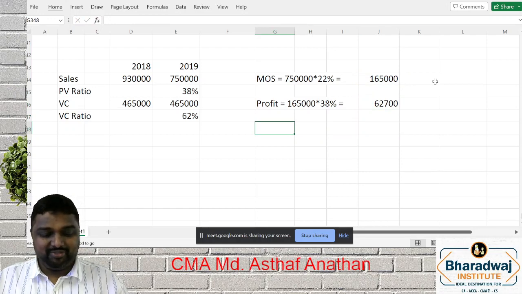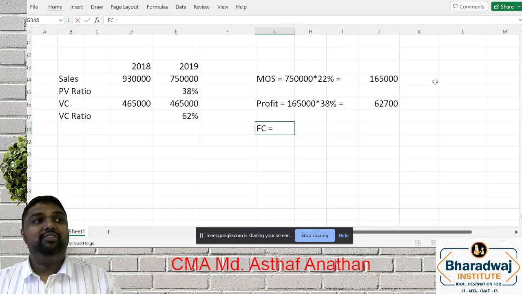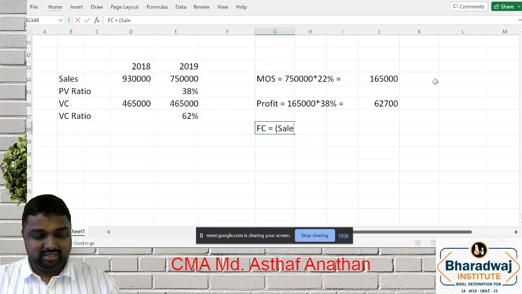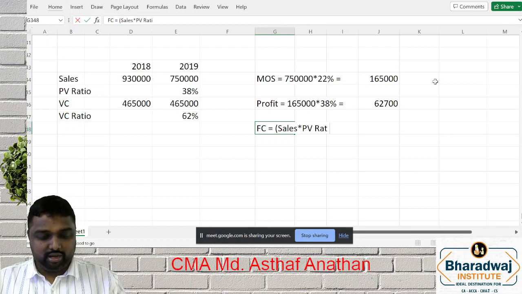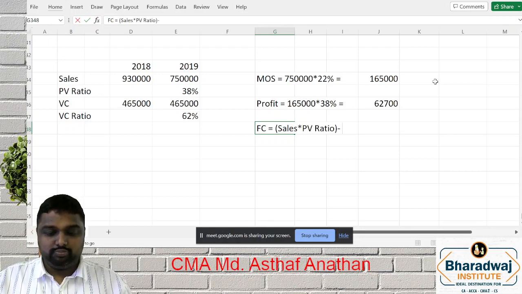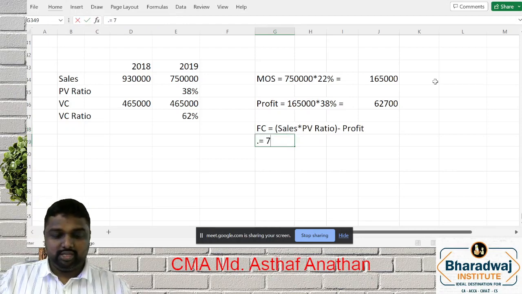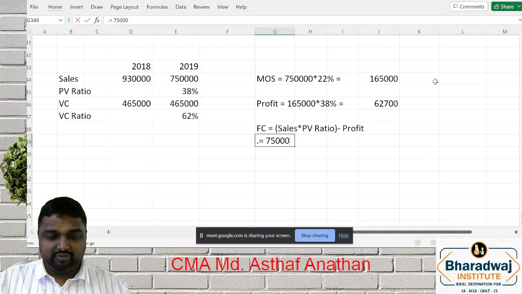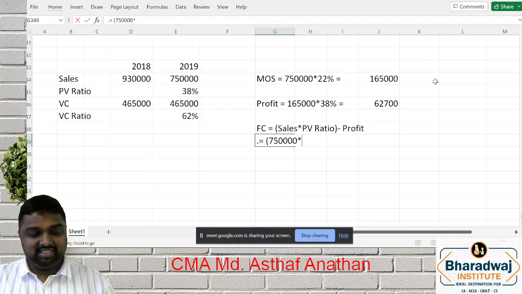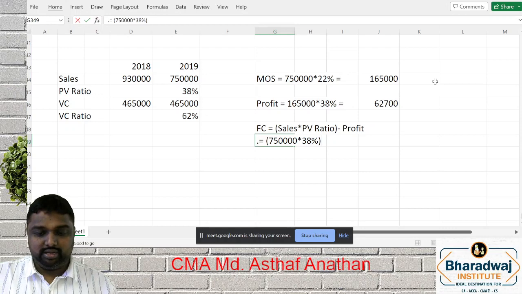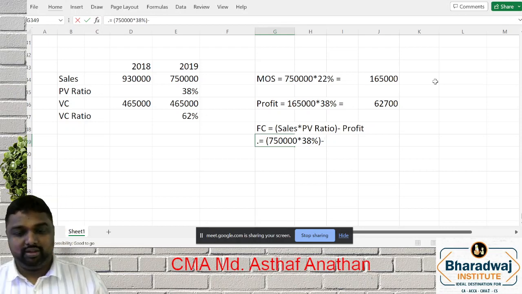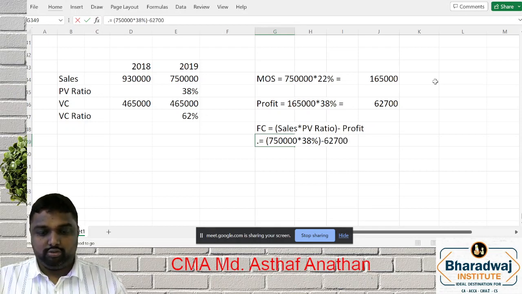So now, what is the fixed cost? Fixed cost, you know the formula. Sales into PV ratio minus profit. 7,50,000 into PV ratio, which is 38%, minus profit, which is 62,700.